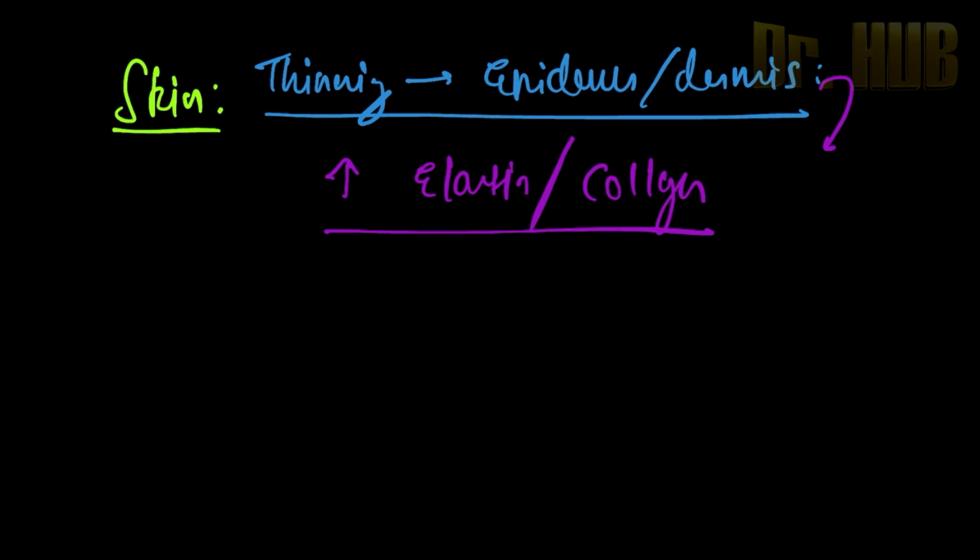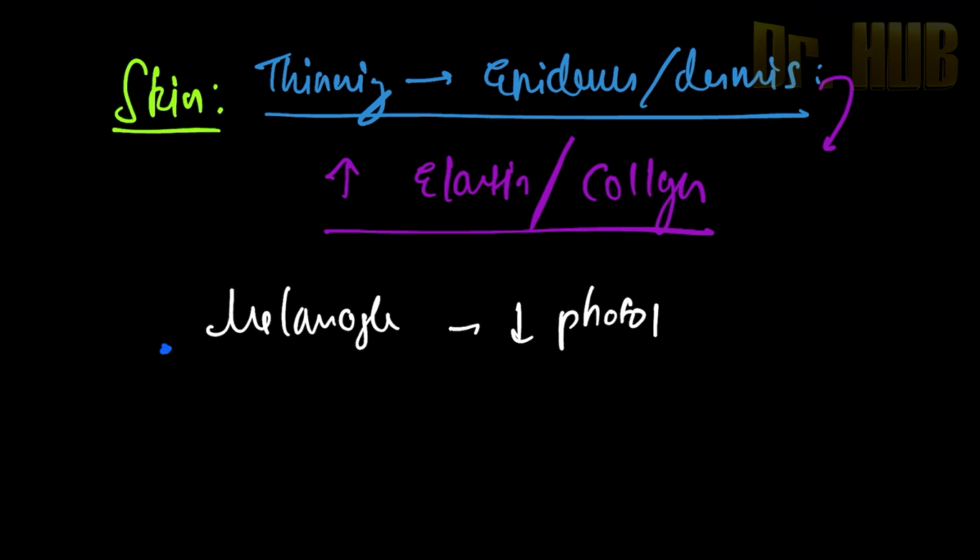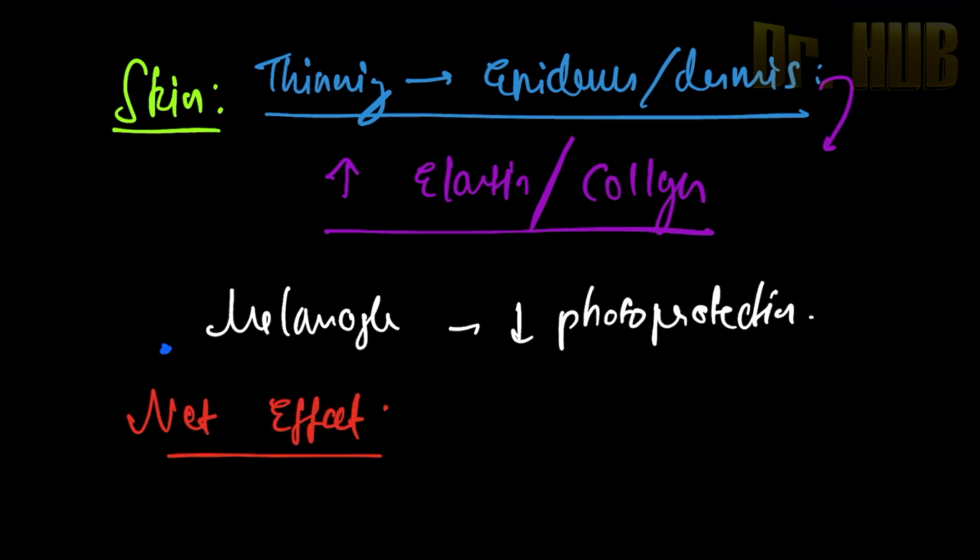Next will be the melanocytes. The decrease in elastin, collagen and melanocytes will lead to a decrease in photoprotection. Next we talk about the net effect. What will come as a net effect? The net effect is wrinkling of the skin.